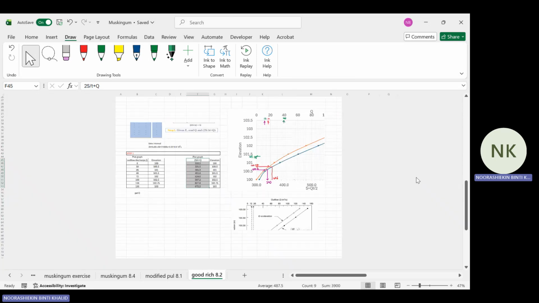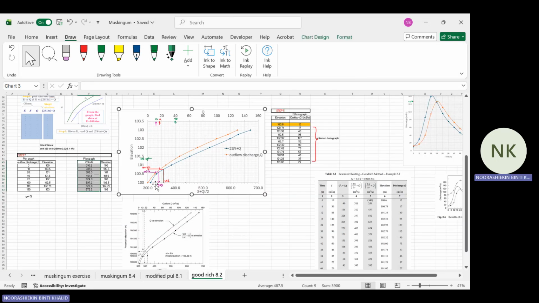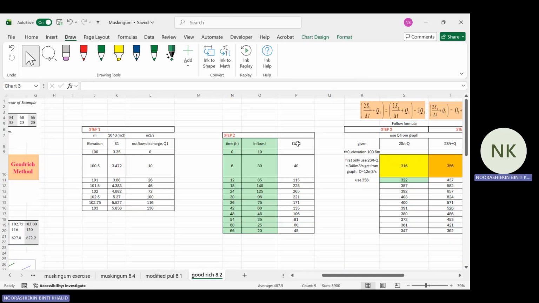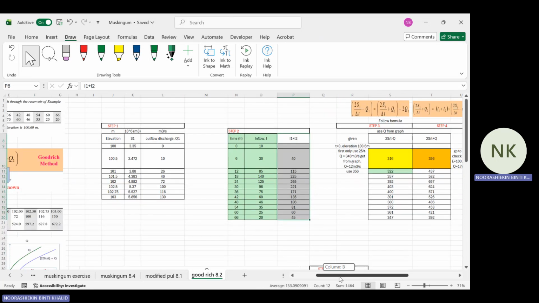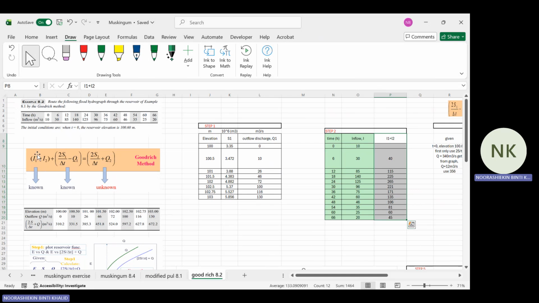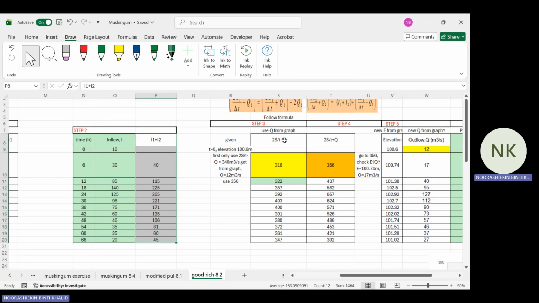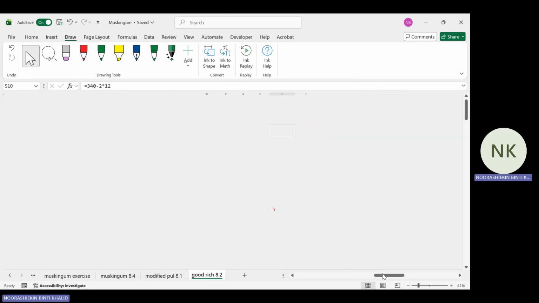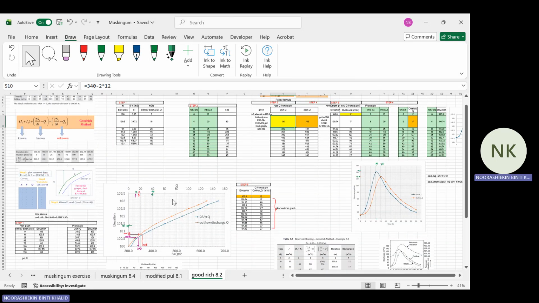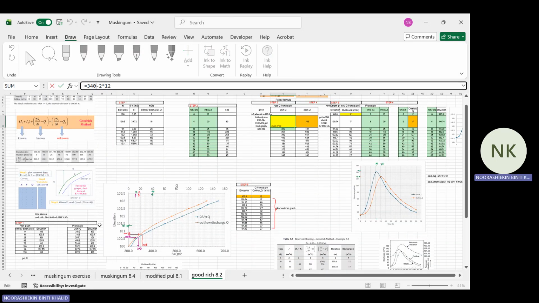So I got this graph. Okay, and then step number 2, you find out I1 plus I2, I average like modified, because of this equation I1 plus I2. All right, step number 3, referring to this equation, to get 2S divided by T minus Q1, you have to find out this one minus 2Q. So this one I got from first this one, from this 340.